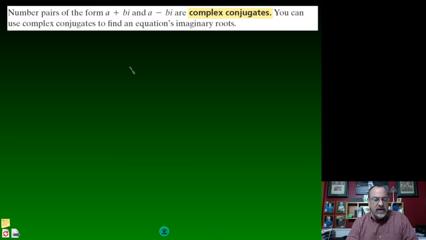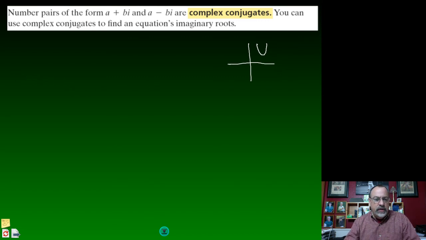So if you have a graph of a polynomial equation and it never touches the x-axis, this equation does have roots, but those roots are going to be imaginary because this does not touch the x-axis, and only real numbers are on the x-axis, those irrationals and rationals.